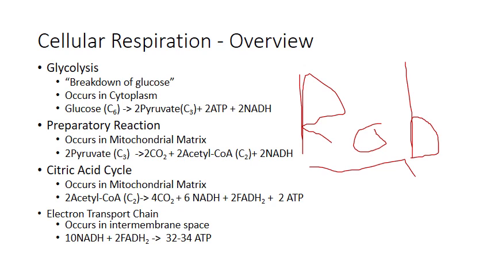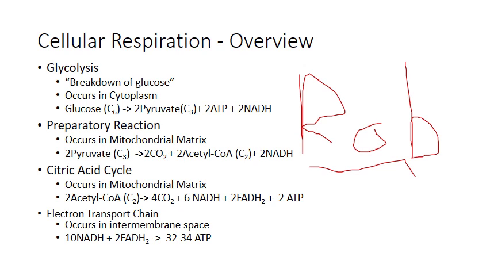We can see that the last step really takes these high energy molecules in the form of NADH and FADH2. It takes those molecules and uses those high energy electrons. It feeds them into the electron transport chain and makes the rest of our ATP.